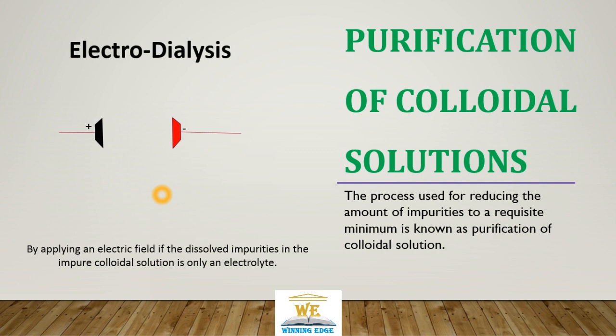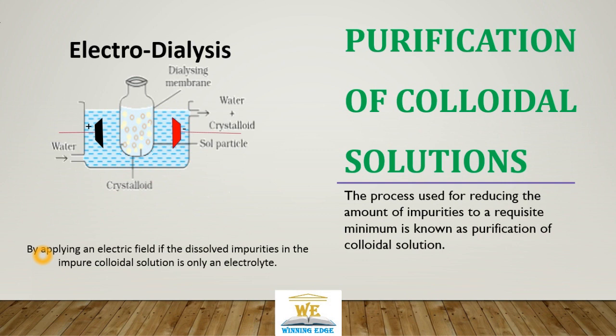So to do it rapidly, if we apply an electric field around that membrane, we can accelerate the purification process, but that will be helpful only if the dissolved impurities in the colloidal solution are only electrolytes, meaning they carry coulombic charges that can be separated selectively toward electrodes.